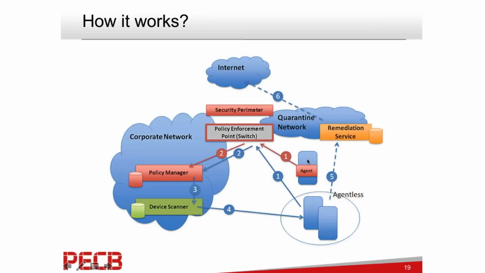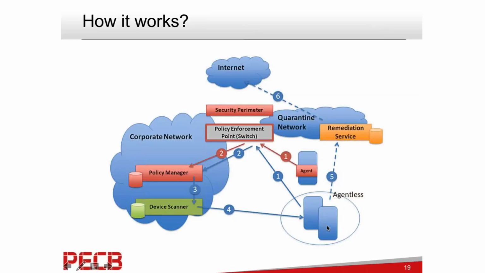If the agent states that the device meets the security requirements set in the policy, it will be allowed access to the corporate network. If not, if we have a rogue or non-authorized device, it will again connect to the policy enforcement point, check the policy, and then they will scan the device.